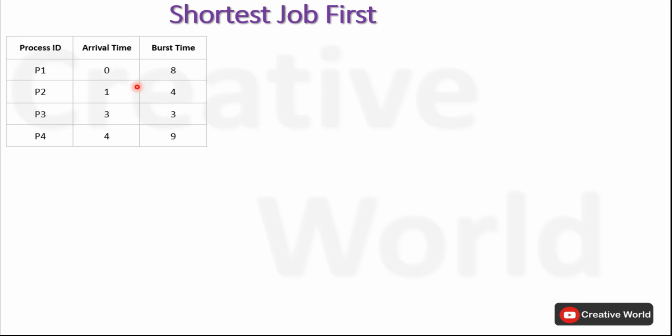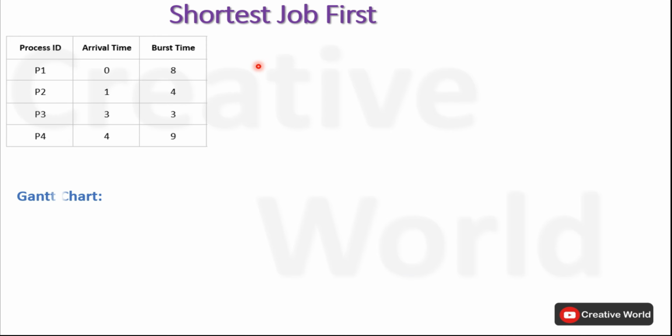As the name of the algorithm suggests, shortest job first means the shortest jobs, or the processes with less burst time, will be executed first as compared to other processes with higher burst time. So we will solve this example using this algorithm.